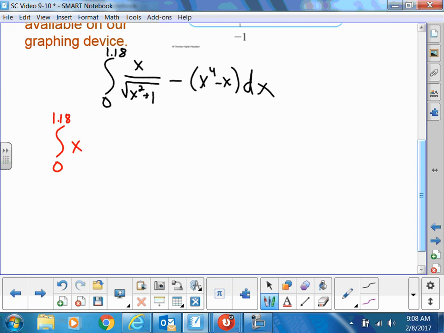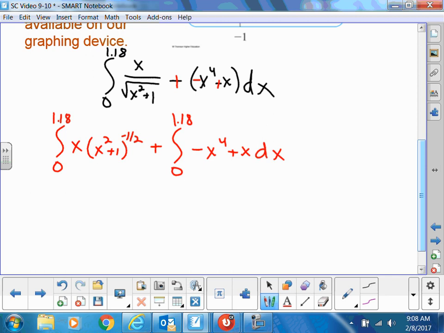I'm going to rewrite that fraction as x times x squared plus 1 to the minus 1/2. And here, I'm going to switch that to a plus, but then switch these signs. So really, we're going to have plus the integral from 0 to 1.18 of minus x to the 4th plus x dx.